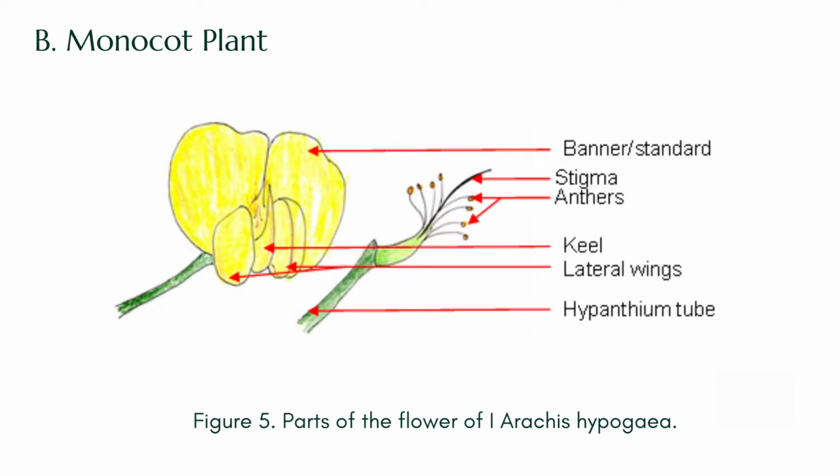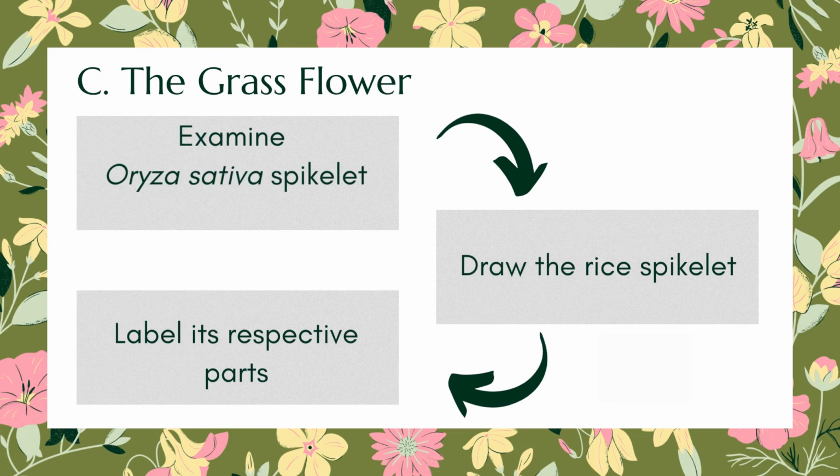The ovary is located at the end of the hypanthium inside the bracts, which joins with the reproductive branch. Inside the hypanthium tube, a style is seen from the apex of the ovary extending above the anthers to form the stigma.